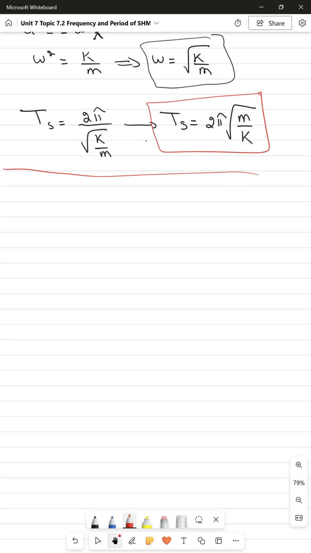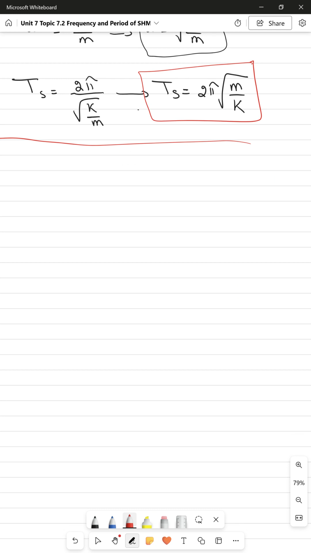Now we are going to do it for the second case, which is the simple pendulum. So we have a pendulum at rest with length L, and then when it is displaced, we have the angle theta.